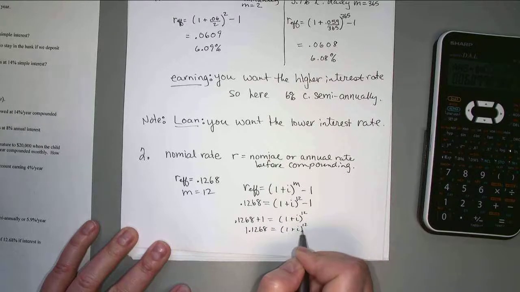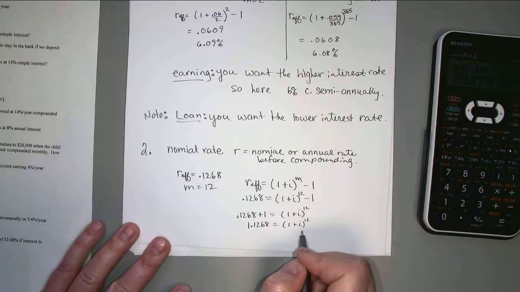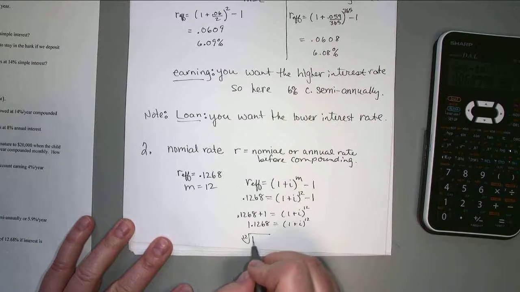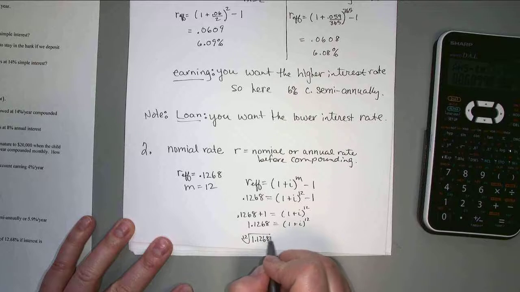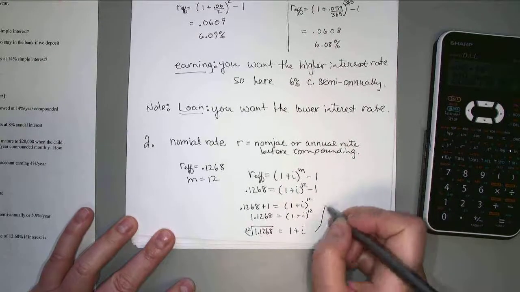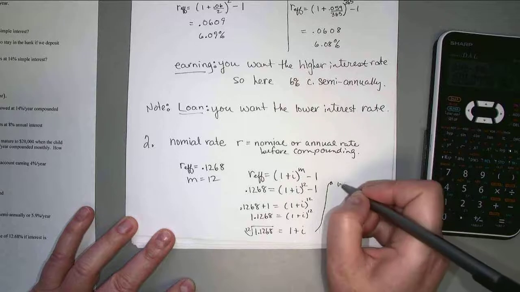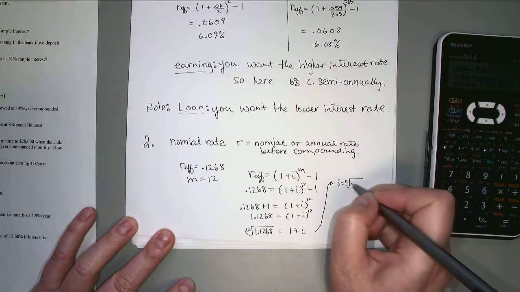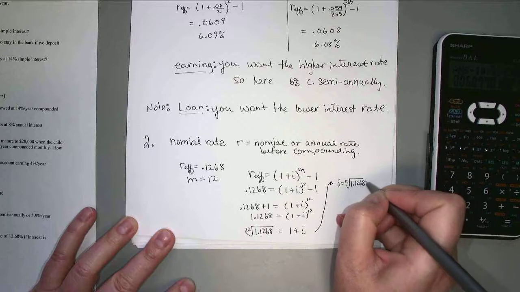And then to find the 12, you actually take the 12th root of each side. And then, let's just go up here, I will be the 12th root of 1.1268 minus 1.